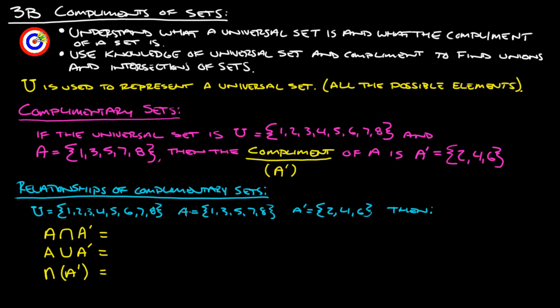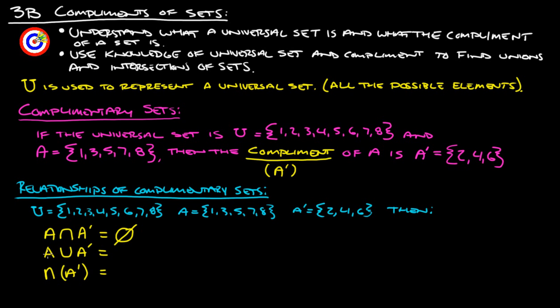Again, the whole idea of the complement of set A is that it's all the parts of the universal set that weren't covered in A. So whenever you get this, you should always end up with the empty set, because the complement of A is basically covering everything that A didn't already get. So nothing in the complement of set A should be in set A, and also vice versa. Nothing in set A should be in the complement of set A. So that should always be the empty set.